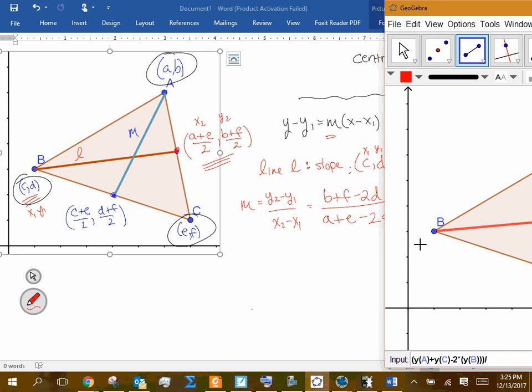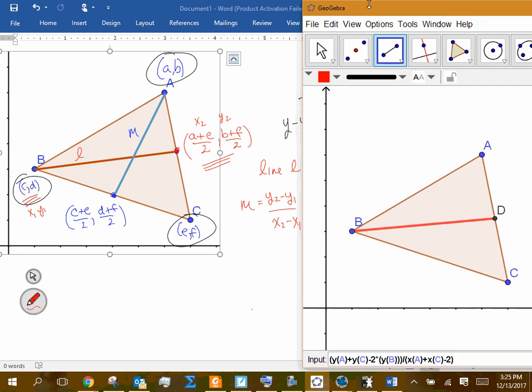So a is now the x value of point A. I'm going to add to that e, which is the x value of point C, and then minus 2 times c, and c is the x value of B. So 2 times the x value of B. And make sure we got our parentheses situated.